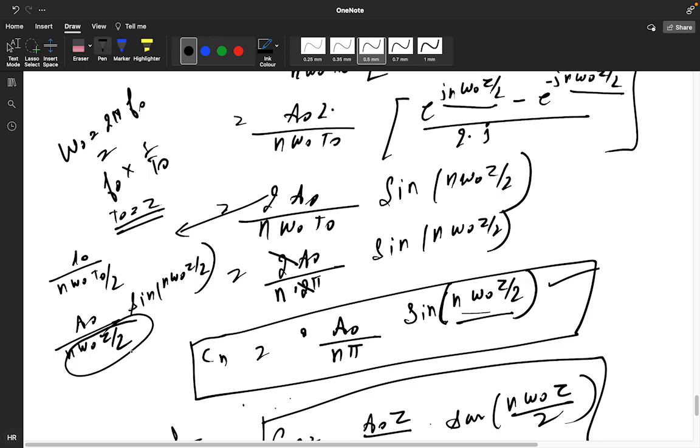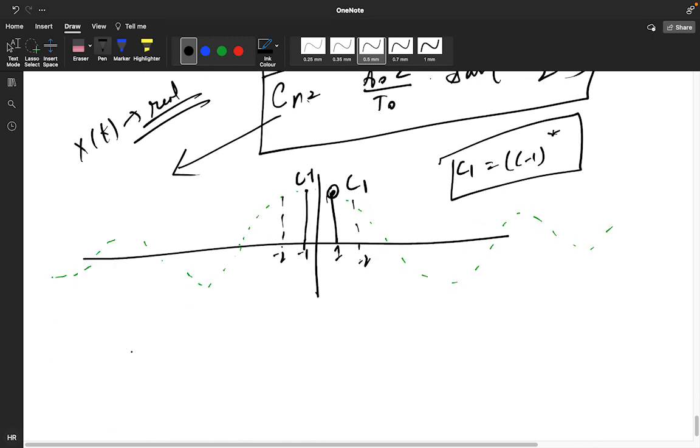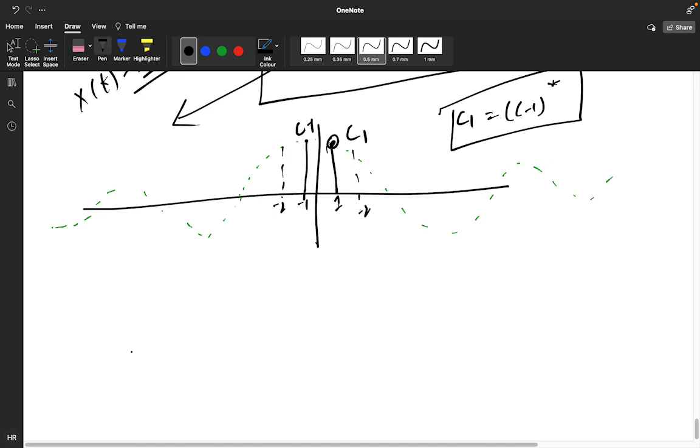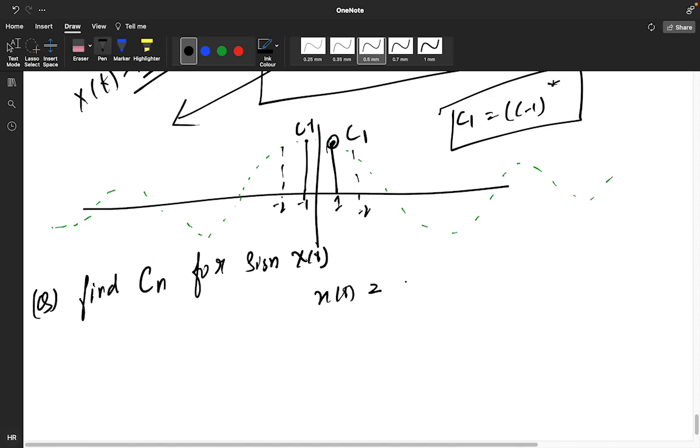It's up to you. Now let's go for a signal like this. A question: find C of n for signal x of t, and the x of t signal is given like this: summation n equal to minus infinity to infinity of delta of t minus n T naught.